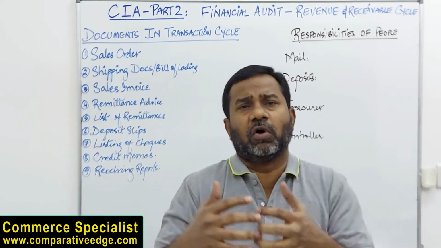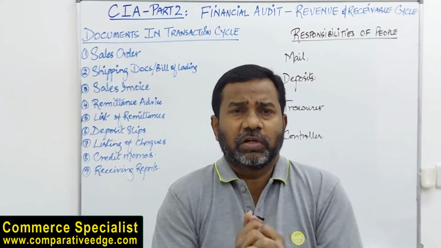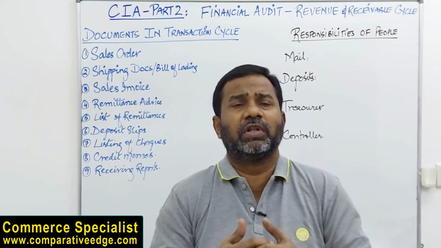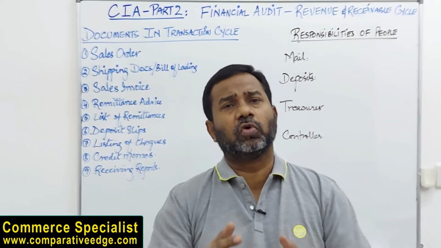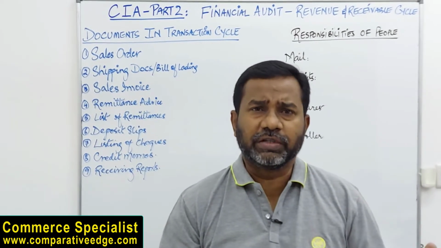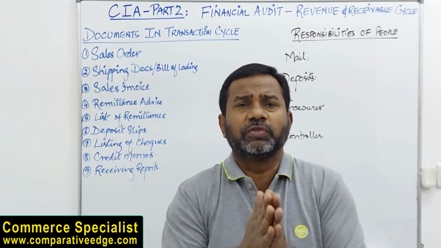If there was a sales order, were the goods actually delivered to the customers? Were the goods shipped? Now, when I say shipping, that does not mean that it has to go through a sea carrier. We are talking about goods being delivered.